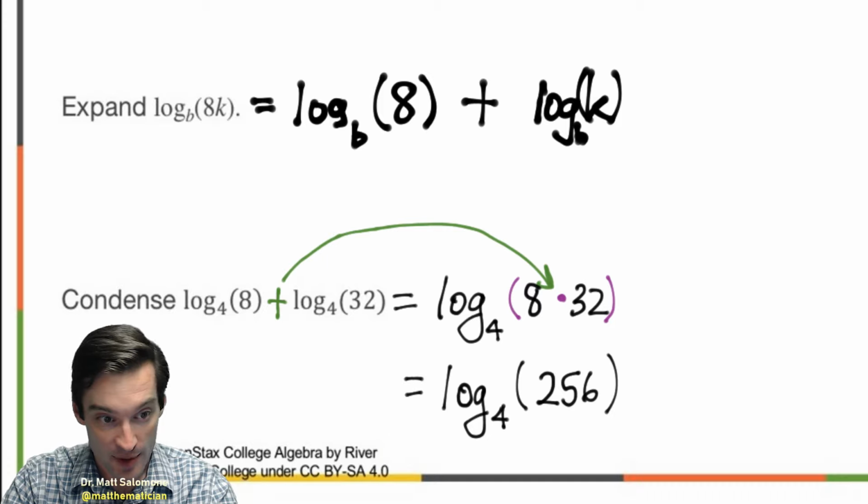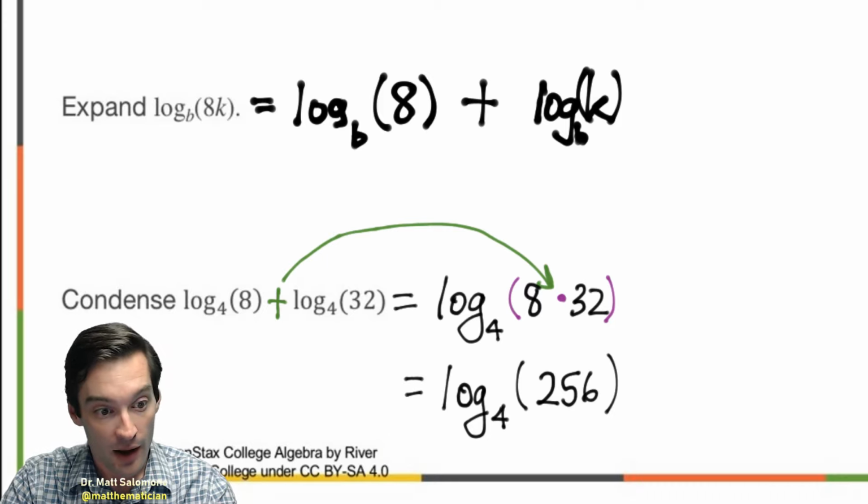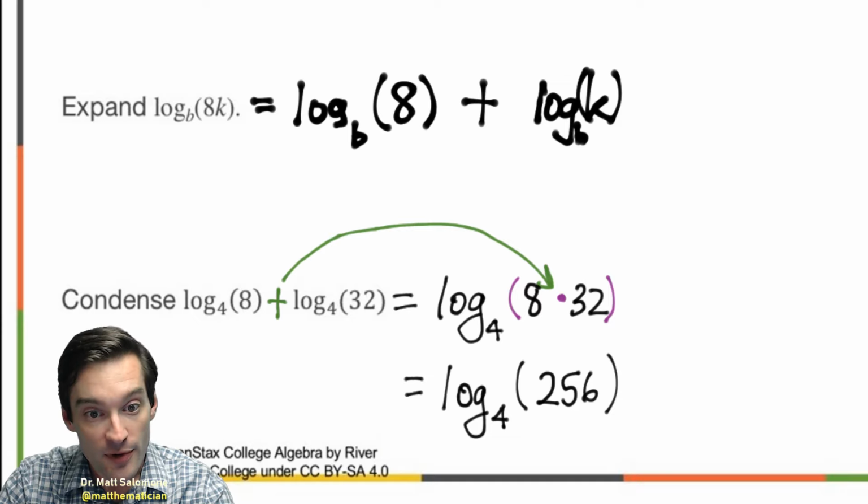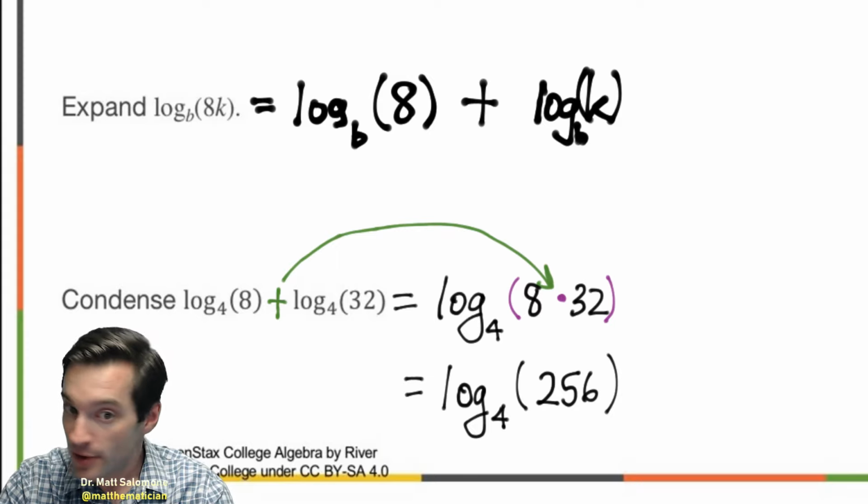So this is the thing I've been harping on for the last couple of live streams now. If I want to know what the base 4 log of 256 is, then what I want to do is rearrange that logarithmic equation into its equivalent exponential form. So translate between exponential and logarithmic versions of a relationship.